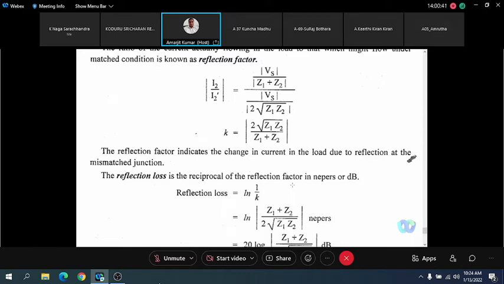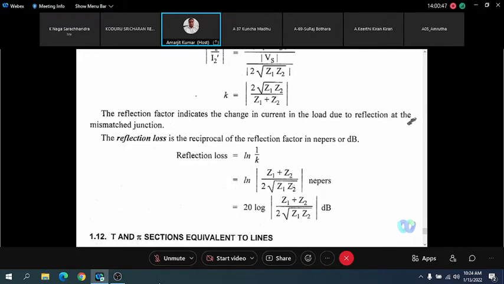So ln 1 upon K, that is Z1 plus Z2 divided by 2 root Z1 Z2. In terms of decibel, 20 log. So what is the relationship between decibel and Neper? 1 Neper is equal to how many decibel?